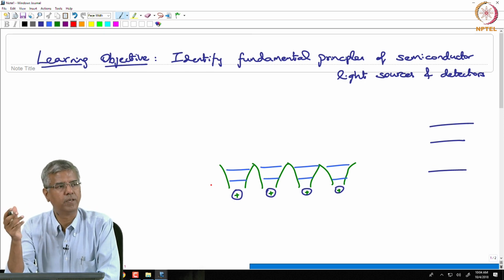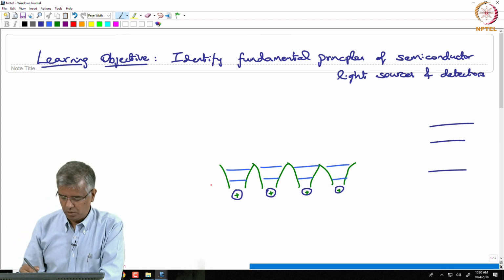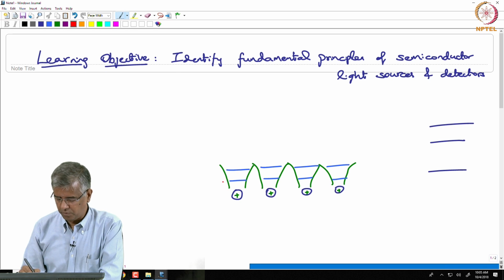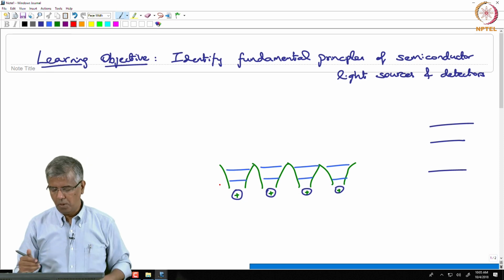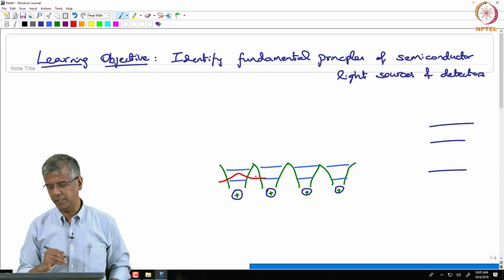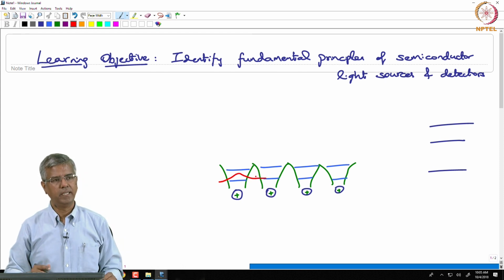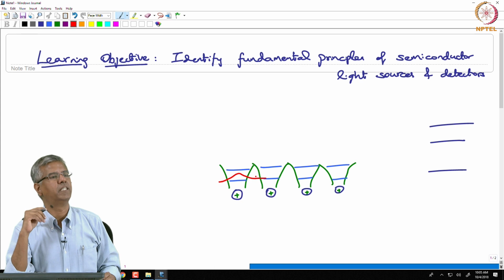What do I mean by the wave function? I am talking about the probability of existence of an electron. That would be very high within that potential well, because it is bound to an atom. But it can also have a finite probability of existing in a nearby potential well as well.